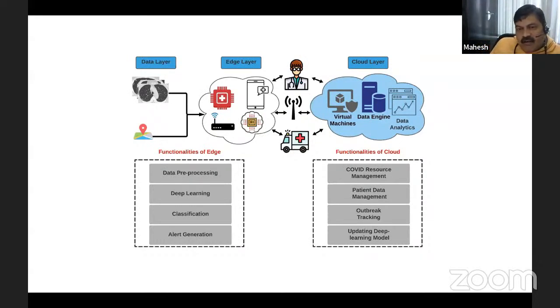Second thing, we can send a doctor to this patient, and we can treat the patient. You know, COVID is a communicable disease actually. So it will be good if we handle the patients remotely. For that purpose, we have to send the CT image to the doctor.